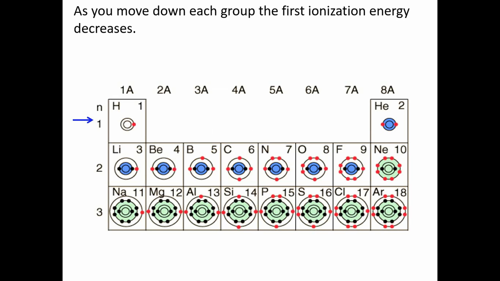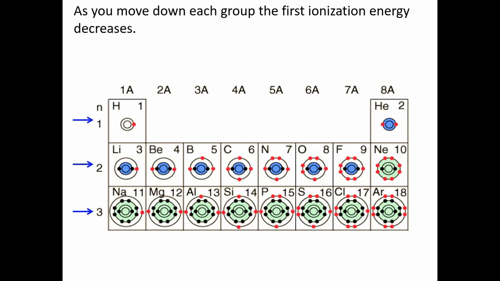As you move down each group, the first ionization energy decreases. Let's think about what's happening here. Let's go to the first column: that lone outermost electron in each of these atoms, as you go down the group, is further away, and it is shielded from the attraction of the nucleus by all the electrons that are below it.